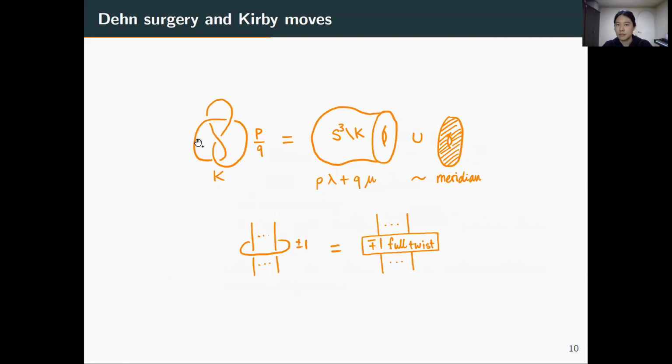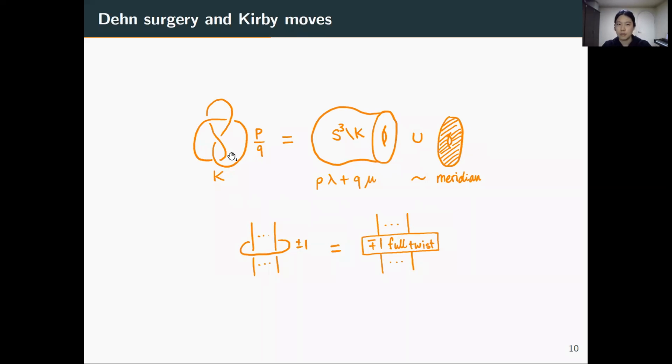So any Dehn surgery description consists of a knot or a link, say in S^3, along with some numbers, either integers or rational numbers, associated to each component of the knot or link.